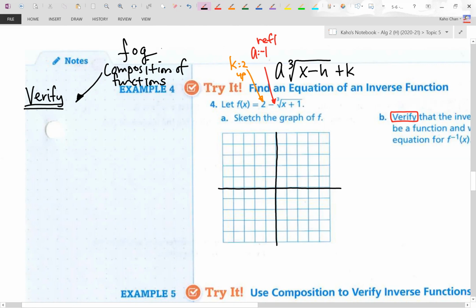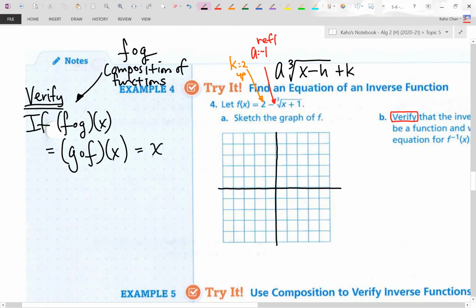All right. Here's the check. If f of g of x, remember putting g into f, is equal to g of f of x, equals x, meaning you get this expression at the end, then f of x and g of x are inverses of one another.